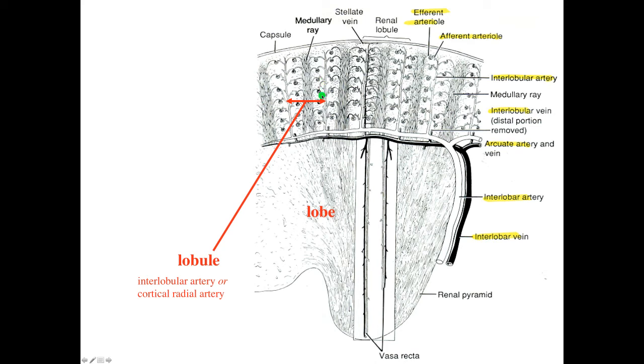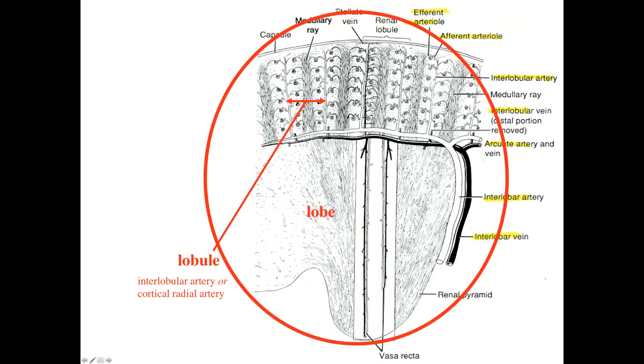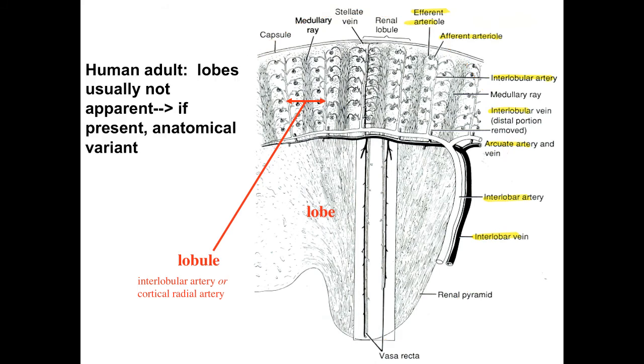So I think you can appreciate that these arteries giving rise to the glomeruli giving rise to the efferent arteriole, but also you're going to have the collecting components of the nephron in this medullary ray. So this whole structure we can call a lobe. So you've got the renal pyramid as the medullary component of the lobe, and these various renal lobules as the cortical components of the lobe.